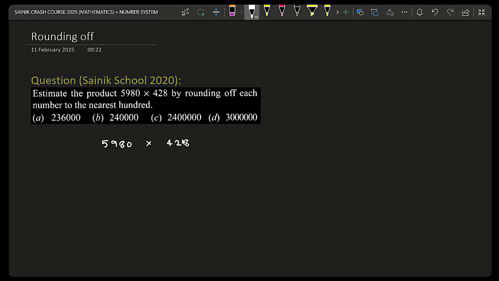Okay? So you have to estimate, they said clearly, by rounding off each number to the nearest hundred. So each number we have to round off to the nearest hundred first, then multiply. Okay, sir. So how can you find the nearest hundred of this 5,980?